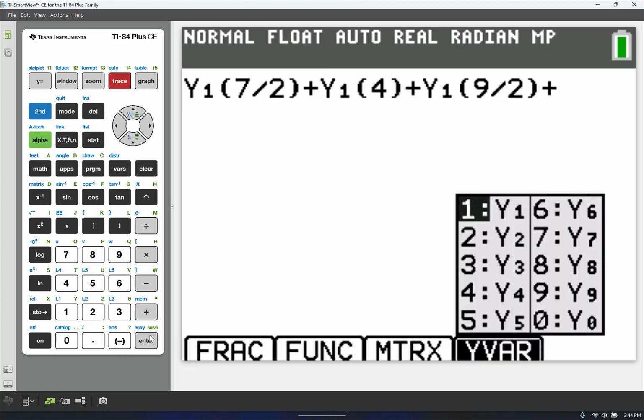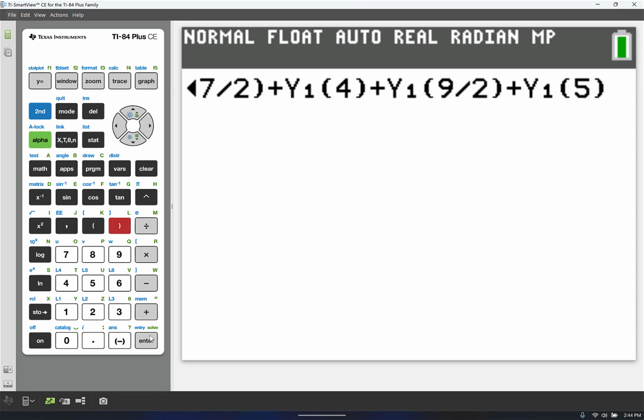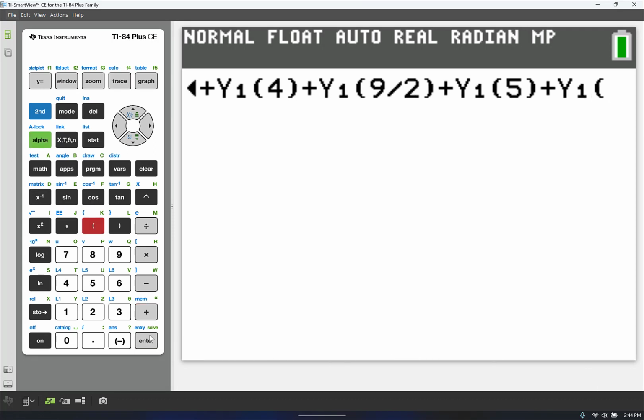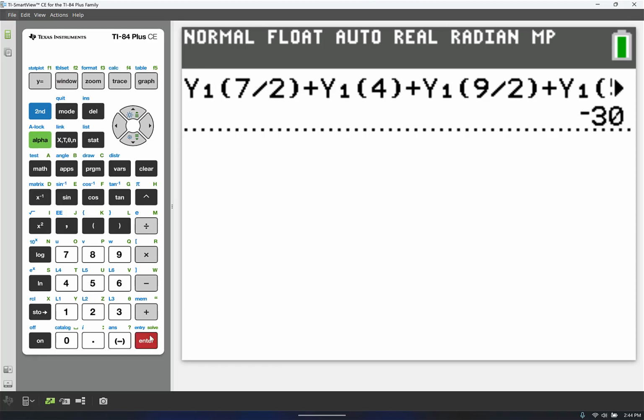Plus alpha trace Y1. What was that next one? 5. And then the last one, I think this is the last one, right? What was that one? 11 over 2. And I got a number. Did you guys get the same number I got?